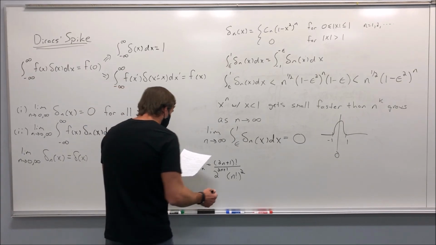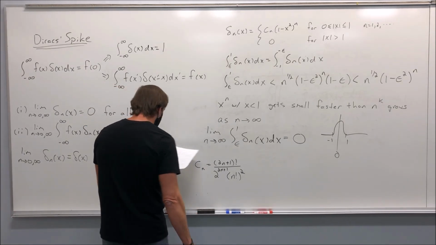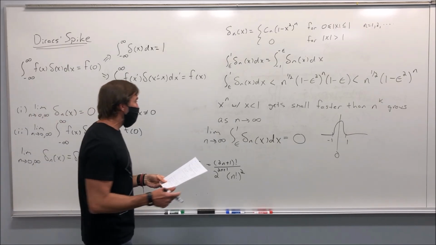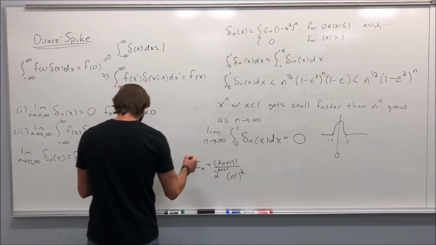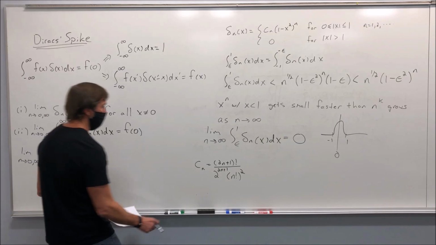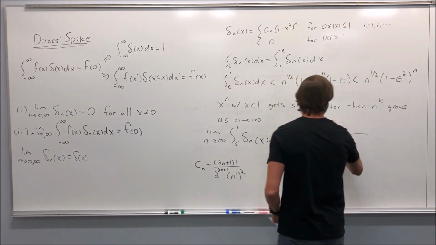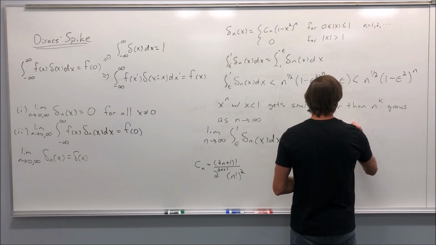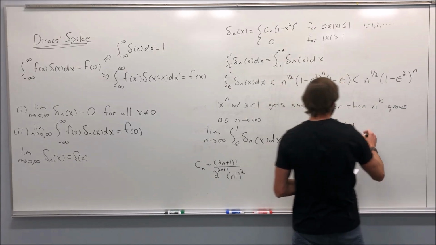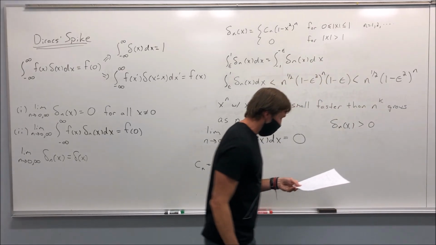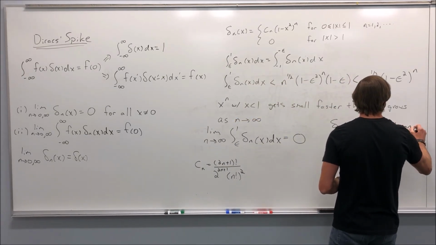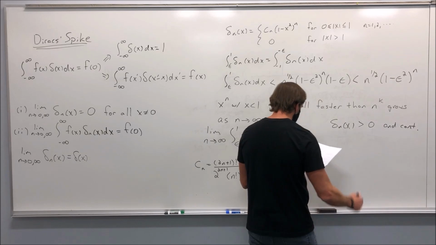Now, since delta n of x is positive, let me see what I can write. So the delta n of x, and I'm talking about these, are positive and continuous.